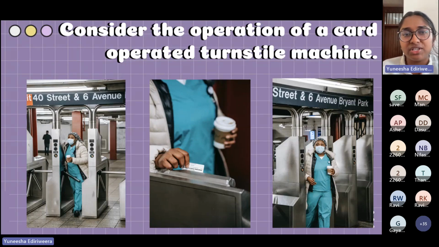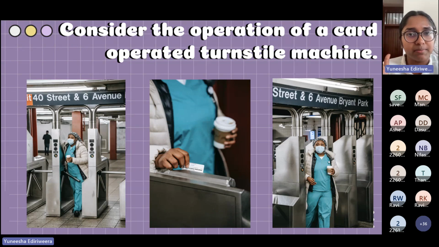Let's consider the operation of a card-operated turnstile machine. First, what is a turnstile? A turnstile machine is a gate with three rotating arms. You can mostly see them in subways or amusement parks, where they are used to control access. Initially, the access is blocked, preventing anyone from passing through. Once a card or coin is inserted, the machine will unlock and a single person can pass through the gate.